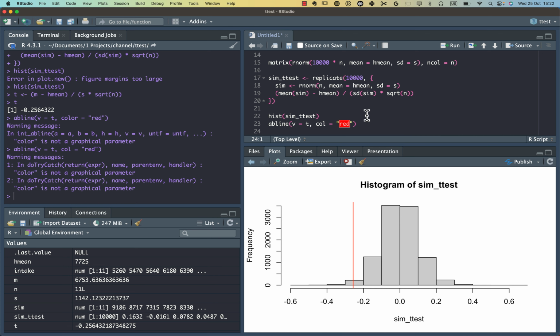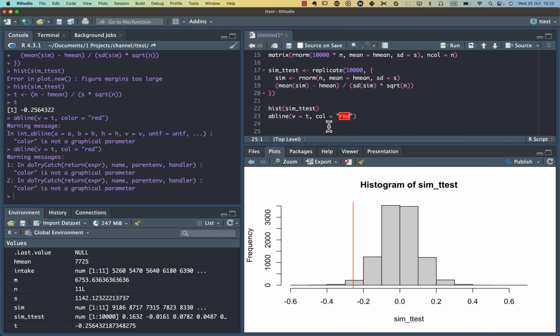by the null hypothesis. And the way to test this formally is simply, let's count how many of those 10,000 samples are actually as extreme as this one that we have here. And this is super easy to do in R, because if you type sim t test less or equal to t, this is going to give you a Boolean vector with a true value for each item that's less than t.